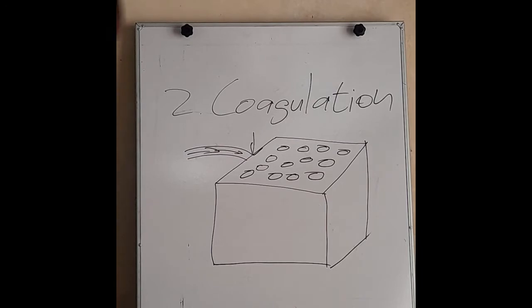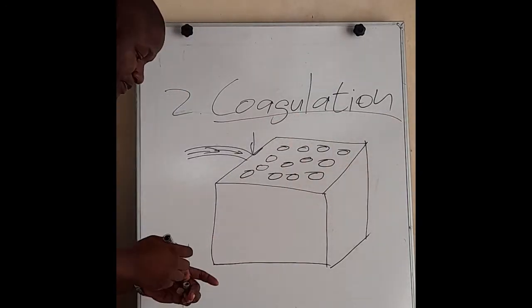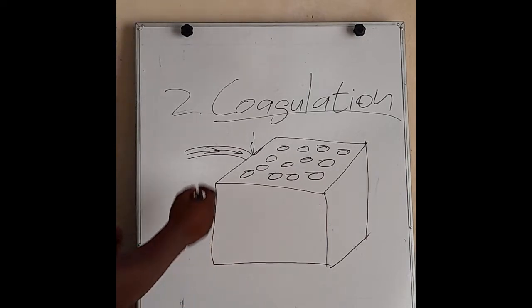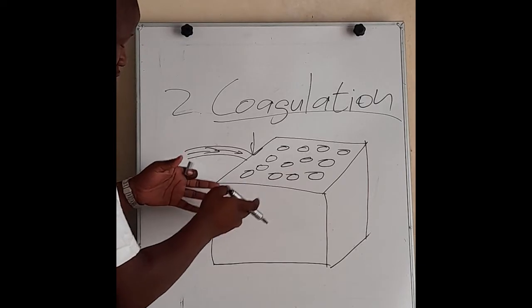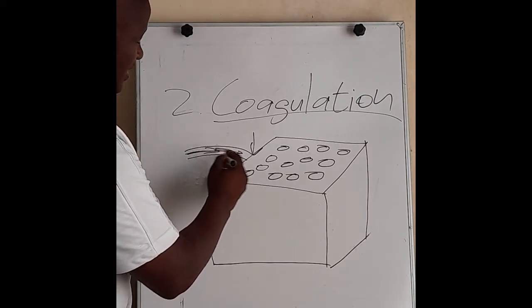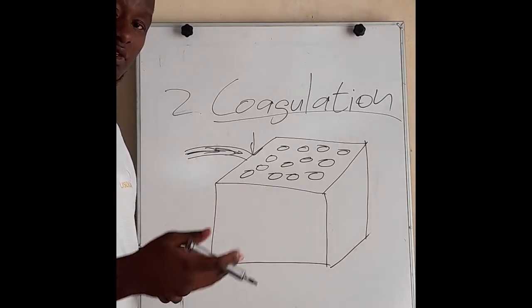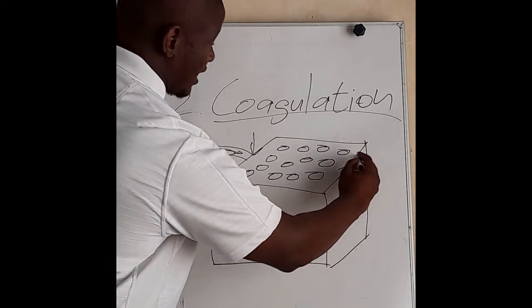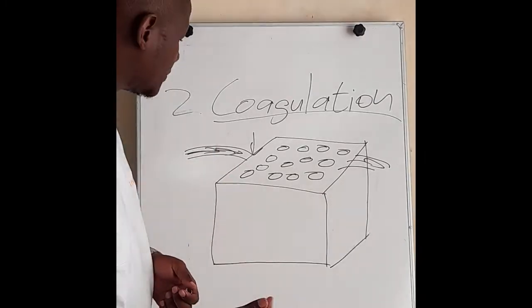So guys, this is our next stage, which is known as coagulation. We normally have water from our previous stage coming into the next stage, which is coagulation. It's also called influent because it's water getting in before the treatment. When it goes out, it will be known as effluent after the treatment.